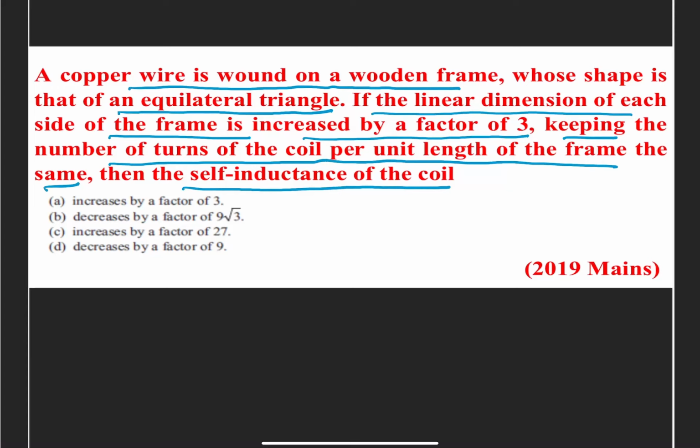So it will be increasing or decreasing by some factor, and we are going to find out by how much amount it increases or decreases.